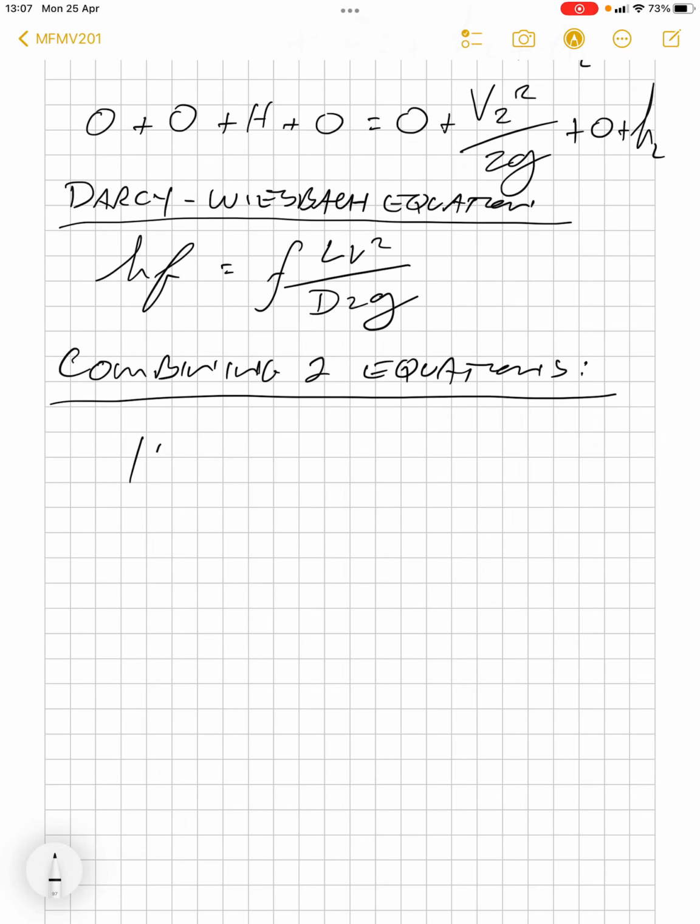So we've got H is equal to V2 squared over 2g times (1 plus f L over D).